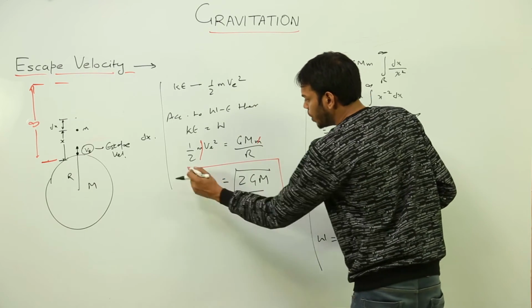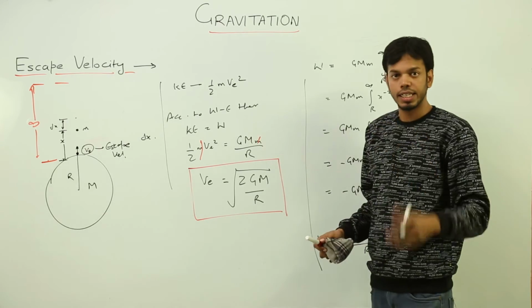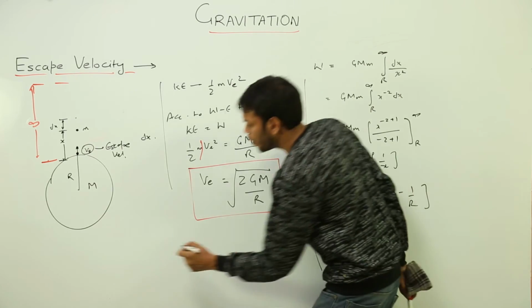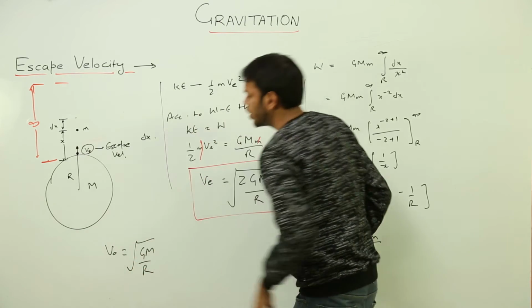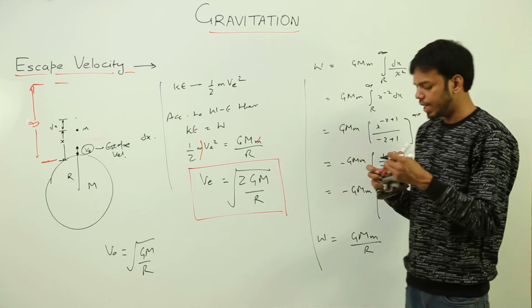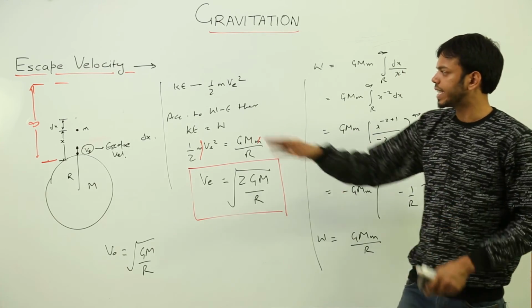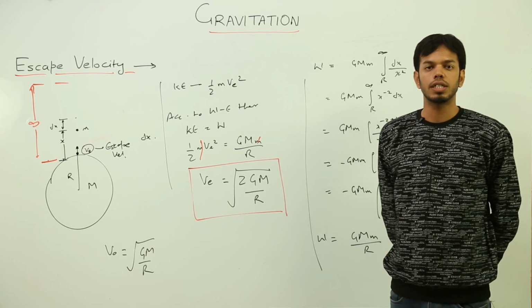So this is the formula for escape velocity. Now you must be relating it with orbital velocity. The formula was under root GM over r, right? There wasn't any 2 there, and in escape velocity there is a 2 here. So this is the required expression for escape velocity, which is the velocity required by a body to escape the gravitational pull of a planet.